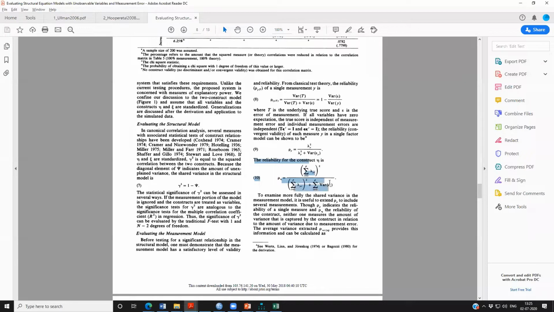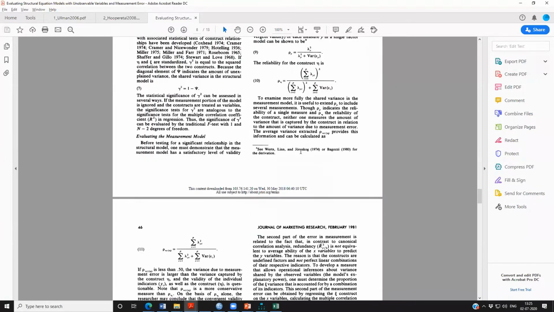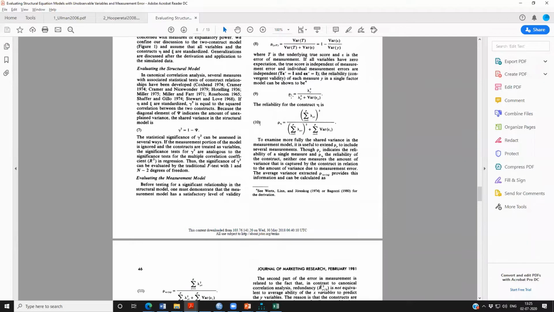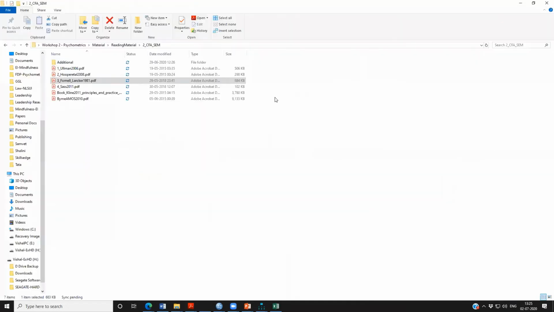This was the formula we used for the reliability of the construct. You can highlight equation number 10. This is the formula for composite reliability that we have just done. Similarly, formula number 9 is the AVE formula. I have not given you this formula, but it amounts to the same. So this is the paper that is often cited for AVE and CR.